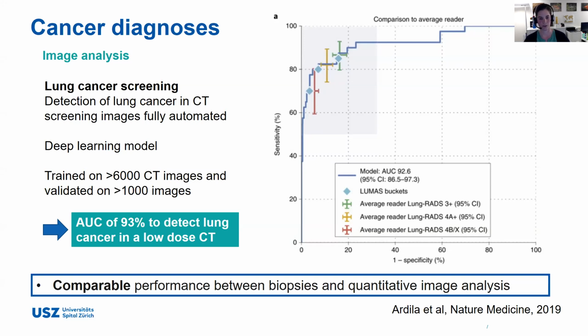And the performance of this model, an area under the curve of 93%, was quite similar to what we have seen before in the slide when we looked at biopsy detection of cancer for lung cancer. So the performance is very similar in this specific case, which is of course not the most challenging case, but it's a case where image analysis can certainly help.